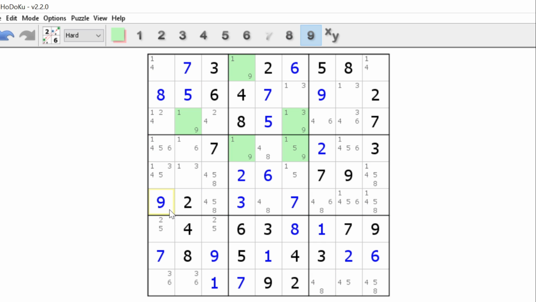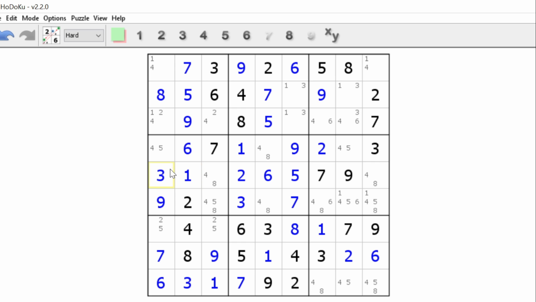And this is the only 9 in the row. Solve this 9, that 9, and that 9. So the 9s are taken care of. So we've made substantial progress with those unique rectangles. 4 8 4 8, that has to be a 3. 4 5 4 5, we can eliminate the 4 and 5. 4 there.